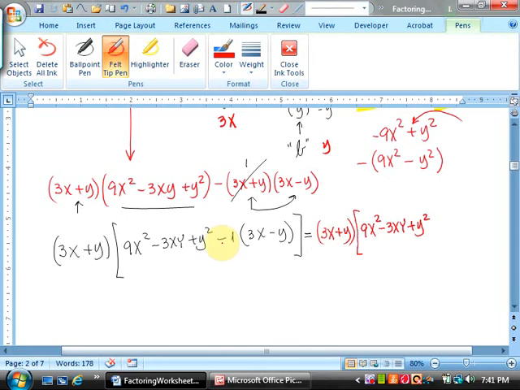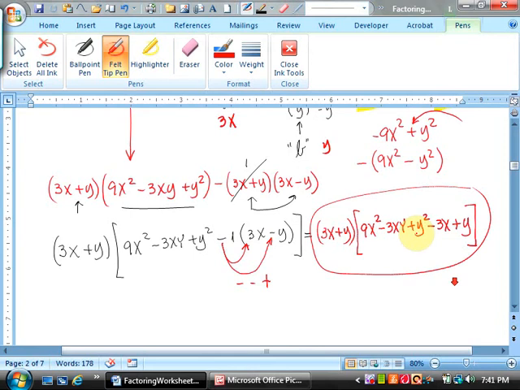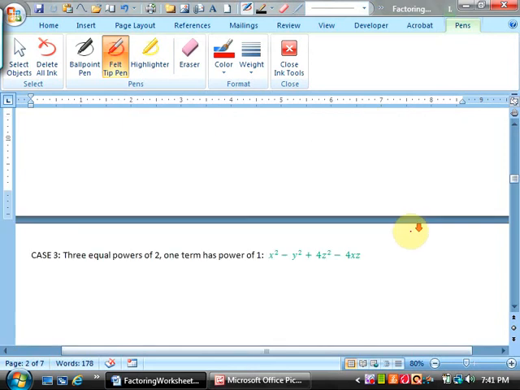Now note, this minus 1, I want to distribute the minus sign, so it's going to give me minus 3x. And I also want to distribute the minus sign here, so minus and minus is going to give plus. So this will be plus y. And now we close, and this is the final answer. It's factored. Let's move on to the next example.